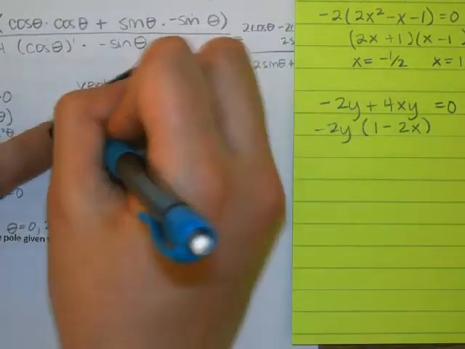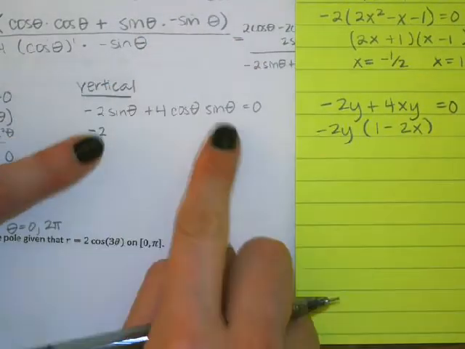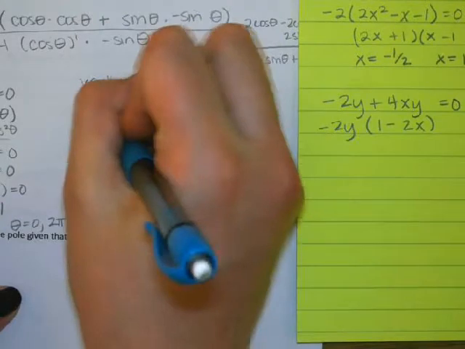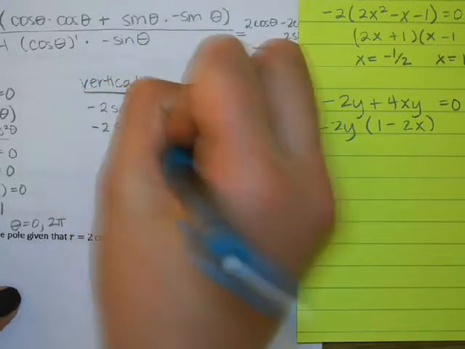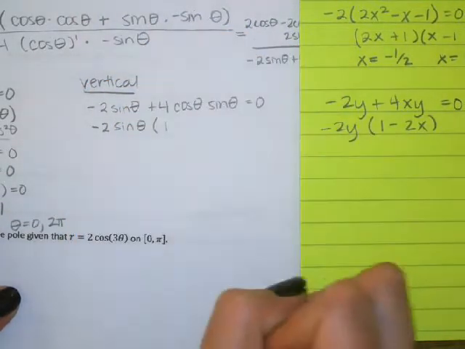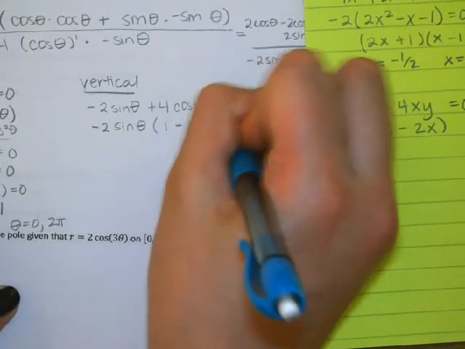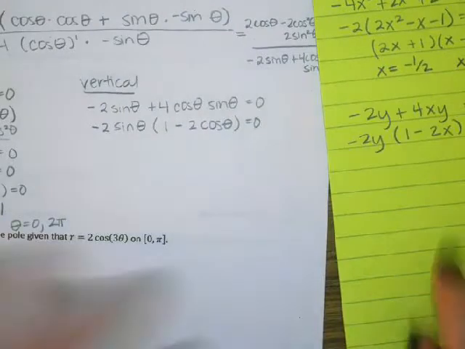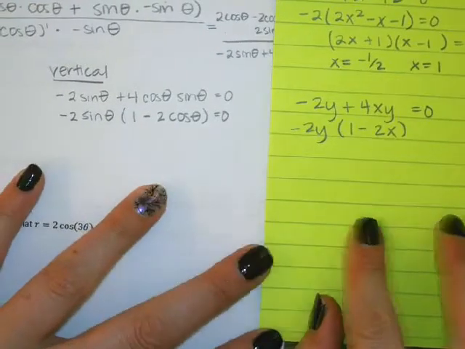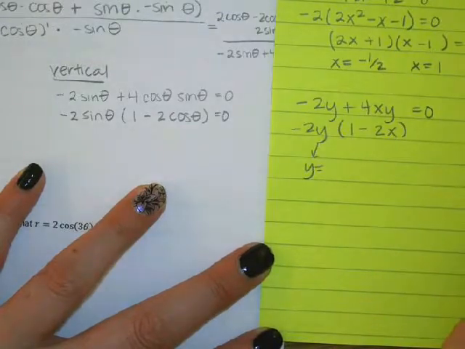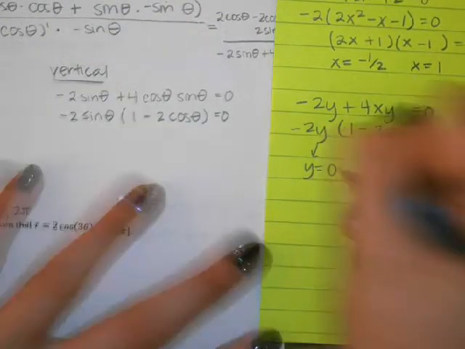So we're going to take out a -2 and sine theta, because that's kind of like our y. And that's going to leave us with 1 minus 2 cos theta. Okay? And if you were to solve this, you would say y equals 0.